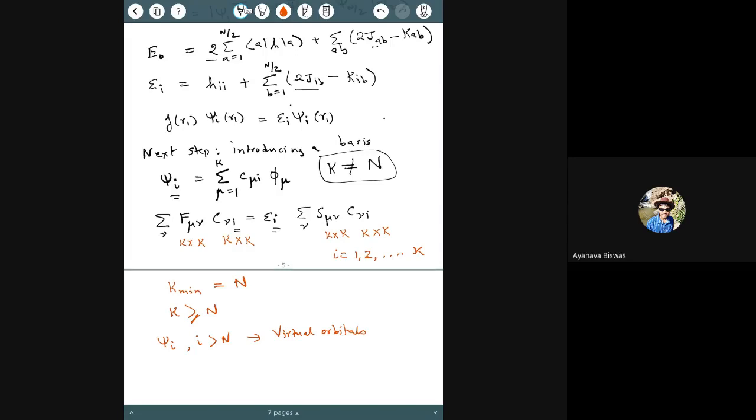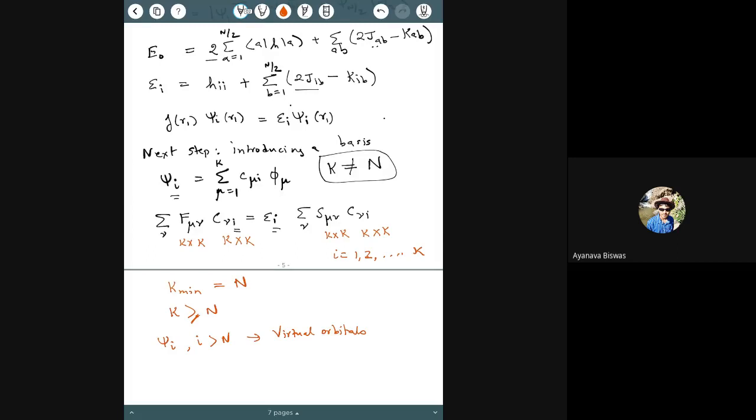So we had already introduced them when we spoke of electron affinity and putting electrons in the empty orbitals. But why we get empty orbitals is because of the introduction of a basis which is larger than the number of electrons in the system, or the number of occupied orbitals in the system. And the remaining solutions that we get are called virtual orbitals.